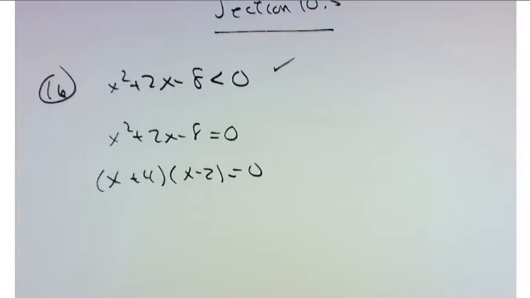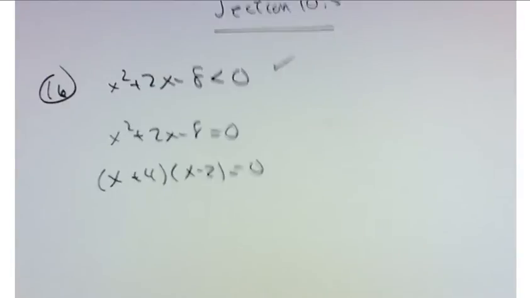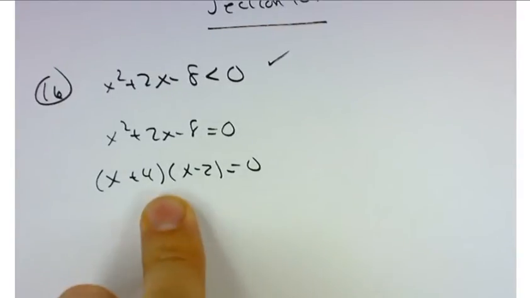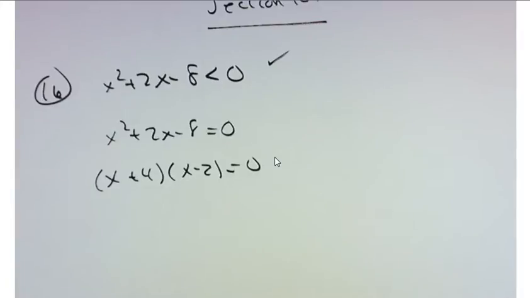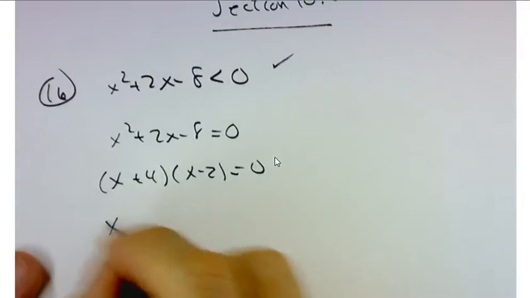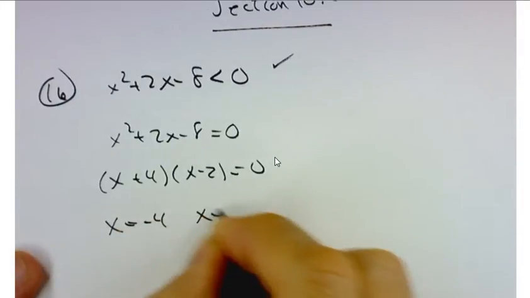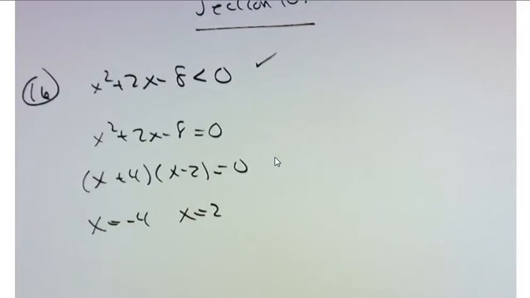I'm not going to make you use the quadratic formula in addition to everything else. So it will factor. Now, when we factor this, we get a couple solutions. What are they? X is -4 and X is 2. Good.